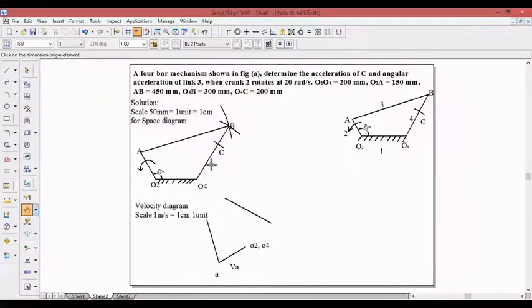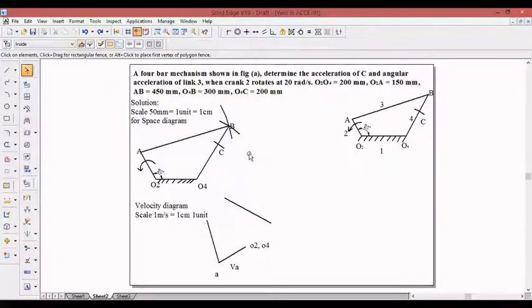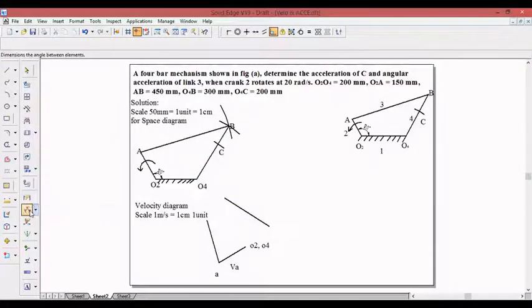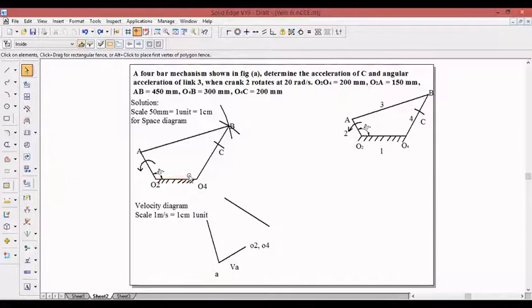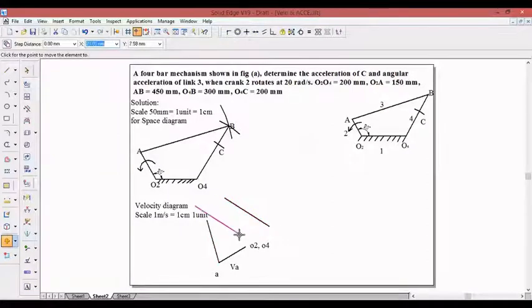That is, the angle between these two should be 90 degrees. 86 we are getting, that means it's not perpendicular. So this line must be perpendicular to this link. Now we can check these two are at an angle of 90 degrees. Yes. And this is the O4B vector. So this line must start from O4. The point O4 is here.